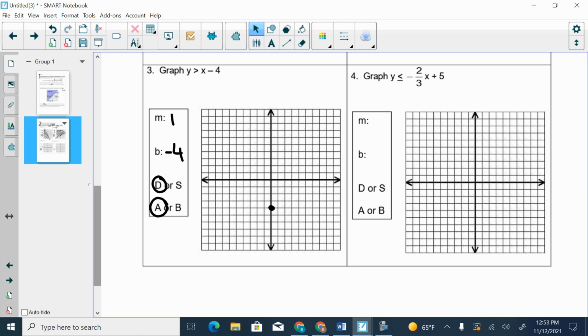And we go up and over how much? And now when we go connect those points, we connect them with a, right. And we said we're going to shade above, so everything that falls above that line.